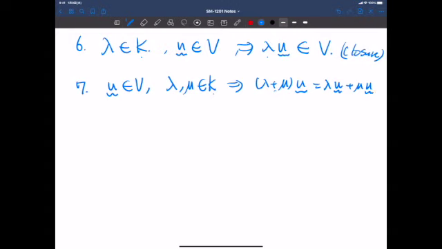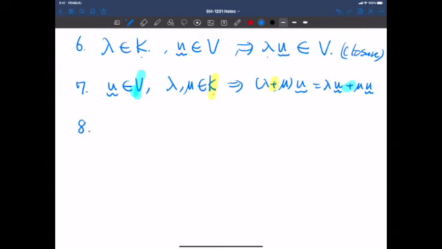Be careful. This addition between lambda and mu is the addition within the field K, and this addition on the right hand side is the addition between two vectors defined in this vector space. So the meanings are different, although we use the same symbol plus.